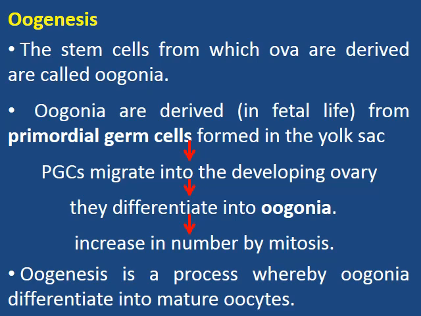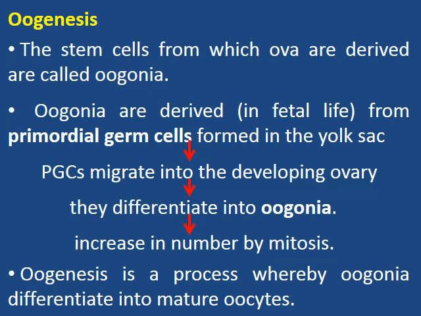Coming to oogenesis process, in the oogenesis, the stem cells from which ova are derived are called oogonia. Oogonia are derived in fetal life from primordial germ cells formed in the yolk sac. Primordial germ cells migrate into the developing ovary, then they differentiate into oogonia. Oogonia increase in number by mitosis.